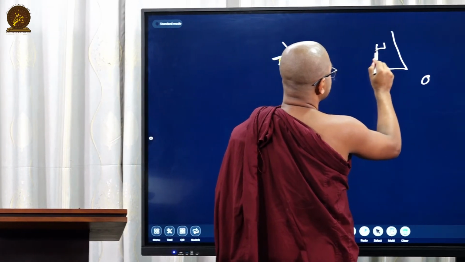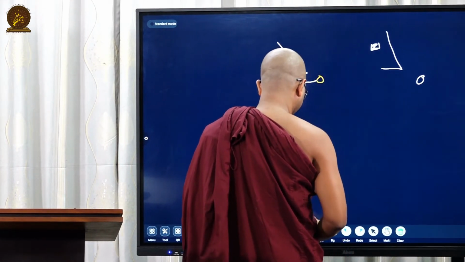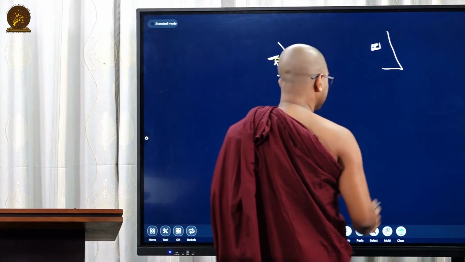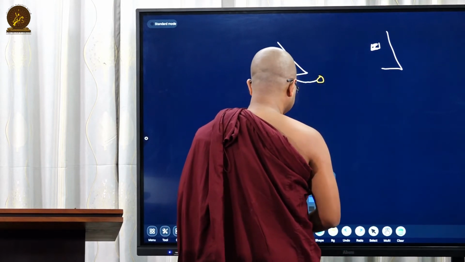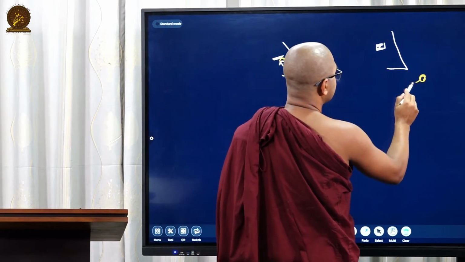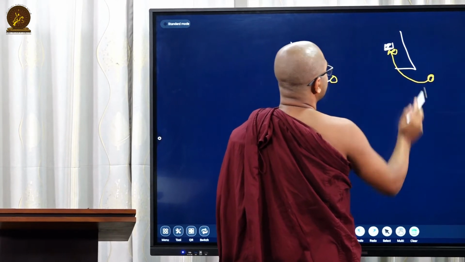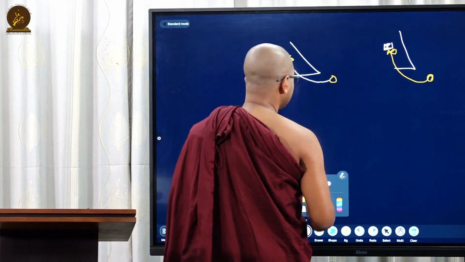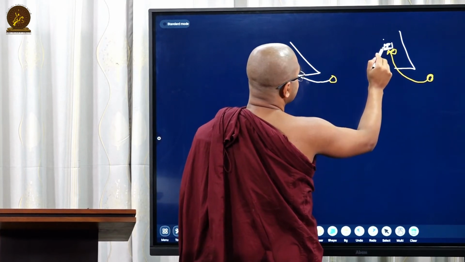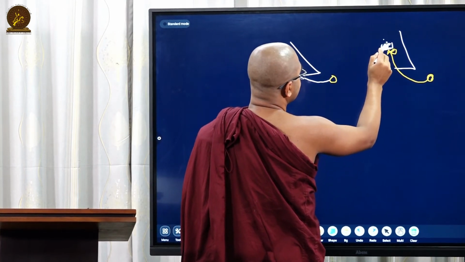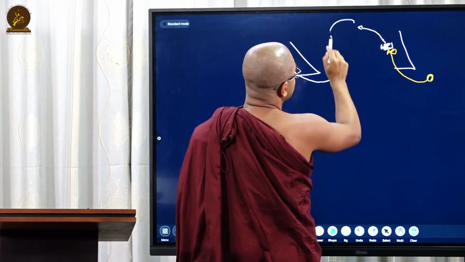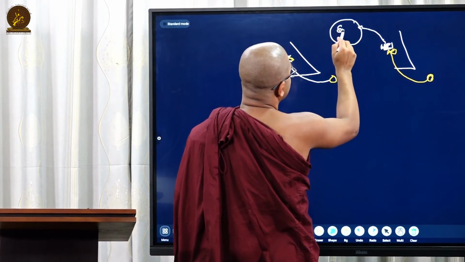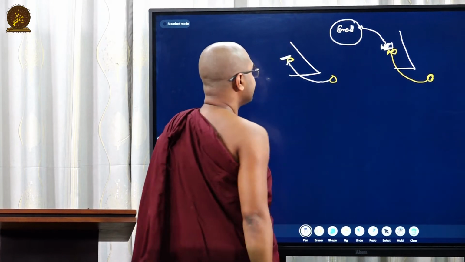Particles do strike at the nose. But here the difference is, there are certain smell receptors here. They send signals to the brain, and then the idea of smell occurs here.